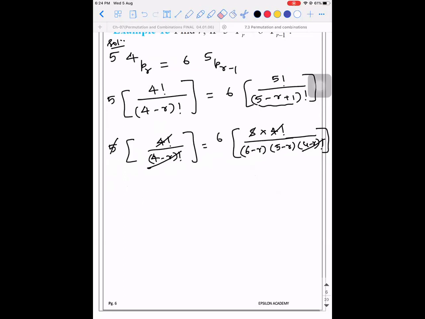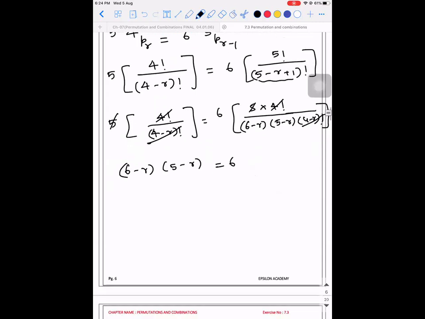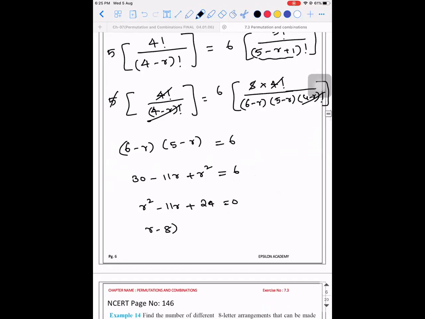So what do you get? (6 minus r) into (5 minus r) will be equal to 6. So that will be 30 minus 11r plus r square is equal to 6. So r square minus 11r plus 24 equal to 0. So (r minus 8) into (r minus 3) is equal to 0. So r will be 3 or 8, but which one is right?